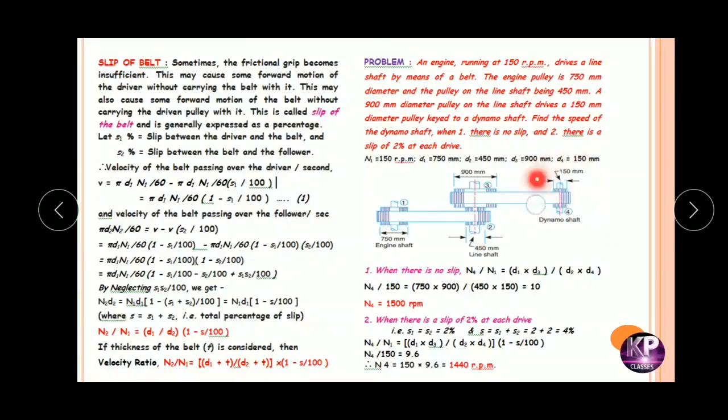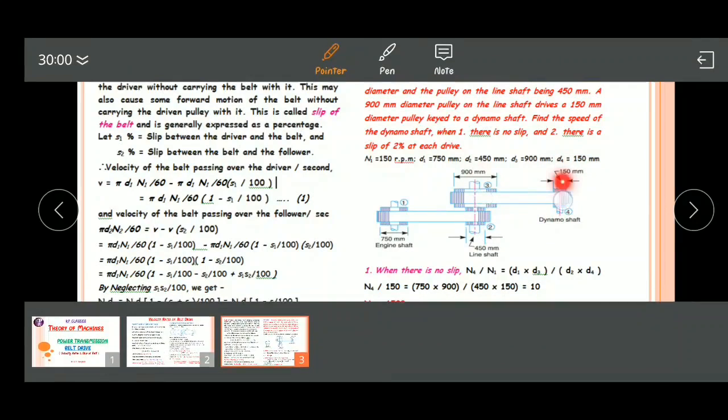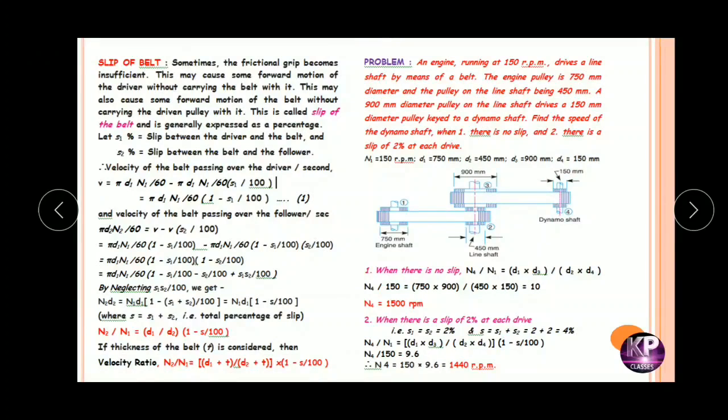In the question, it is asked what is the speed of the dynamo shaft. That means 1, 2, 3, 4; this is the n4 we have to find out. When there is no slip, we know that n4 by n1 equals d1 into d3 upon d2 into d4. By putting in the values of all the parameters, we find n4 equals 1500 rpm.